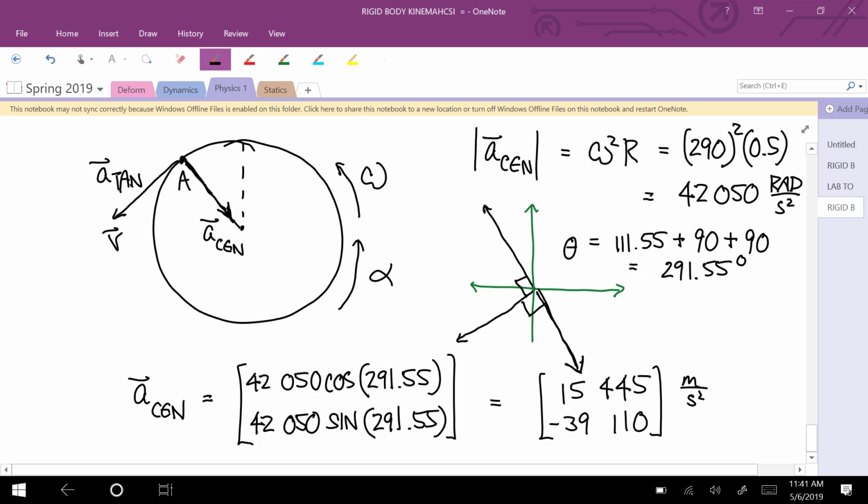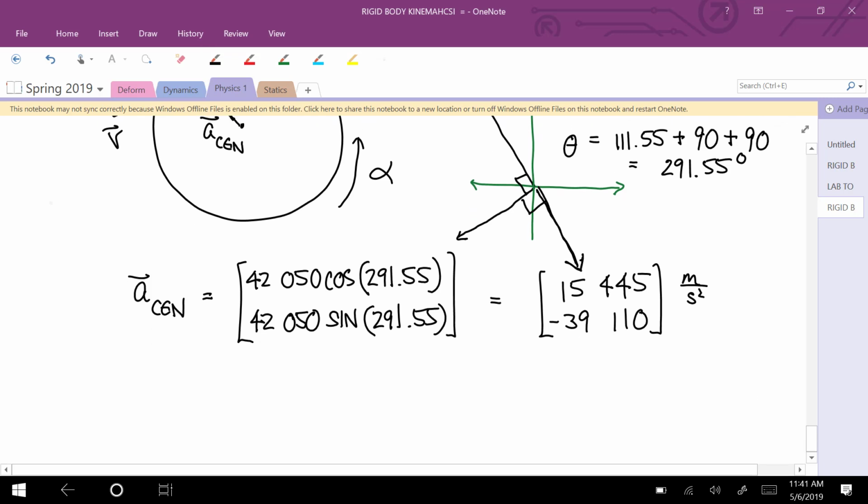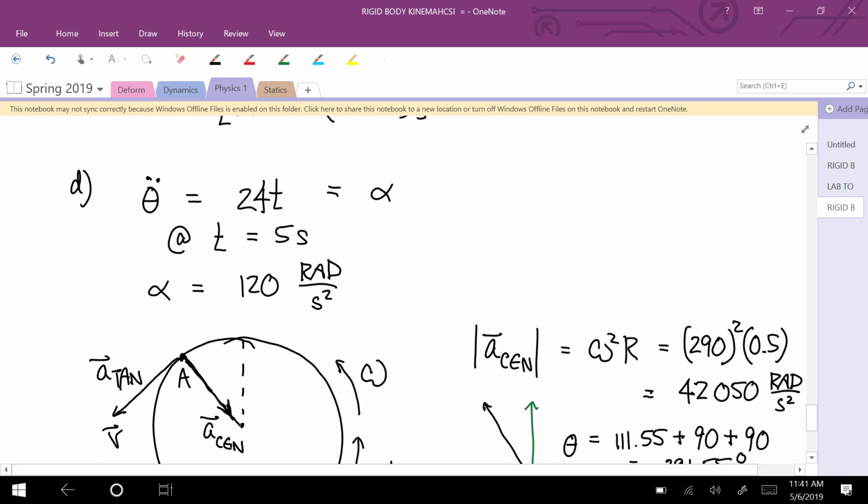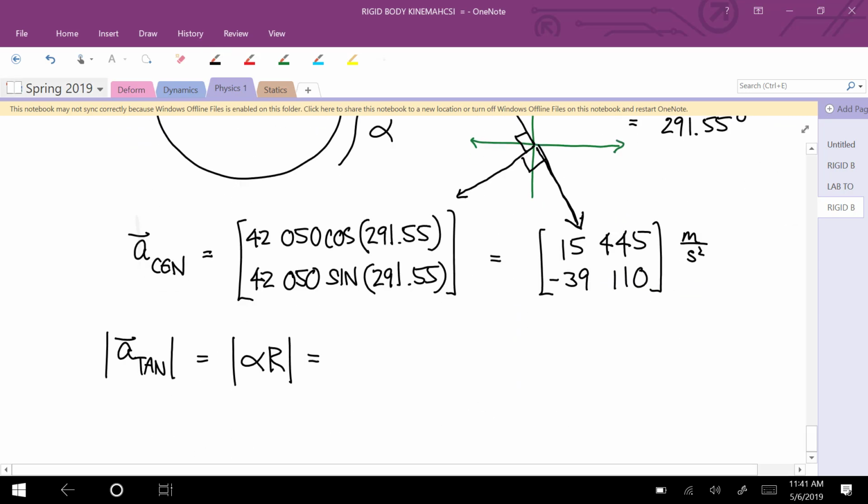And then the tangential acceleration is in the same direction that we had before, for the velocity. The magnitude is equal to the absolute value of alpha times r. Alpha is 120.